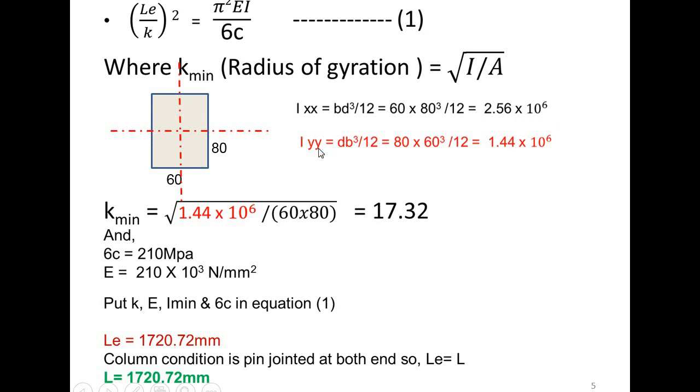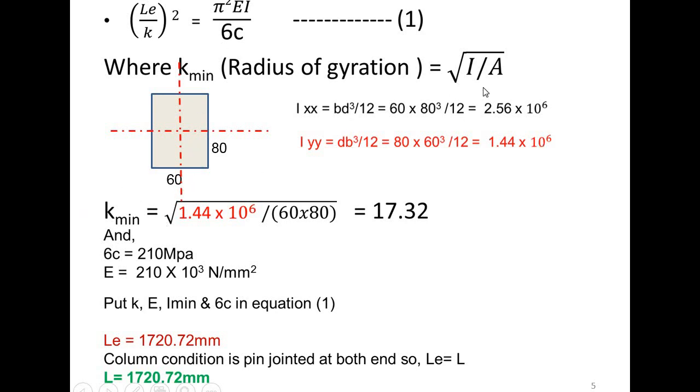Now Iyy means moment of inertia about the y-axis equal to DB cube by 12. So here this is the B and D. So 80 into 60 cube divided by 12. So finally we got the moment of inertia about the y-axis, that is 1.44 into 10 raised to 6.